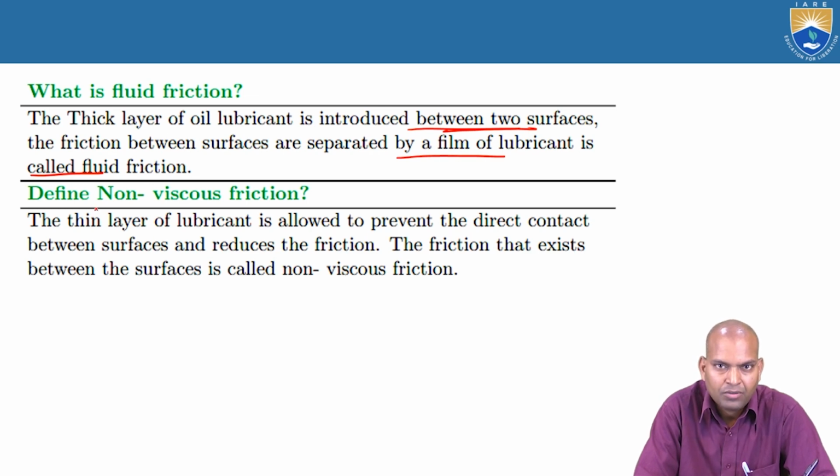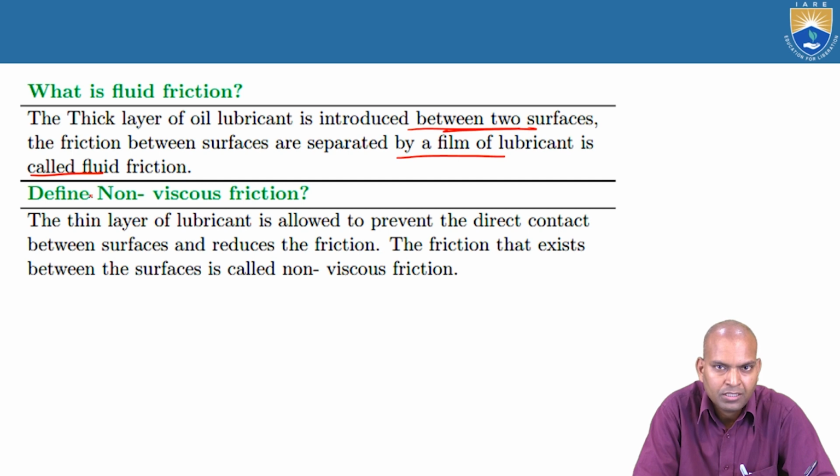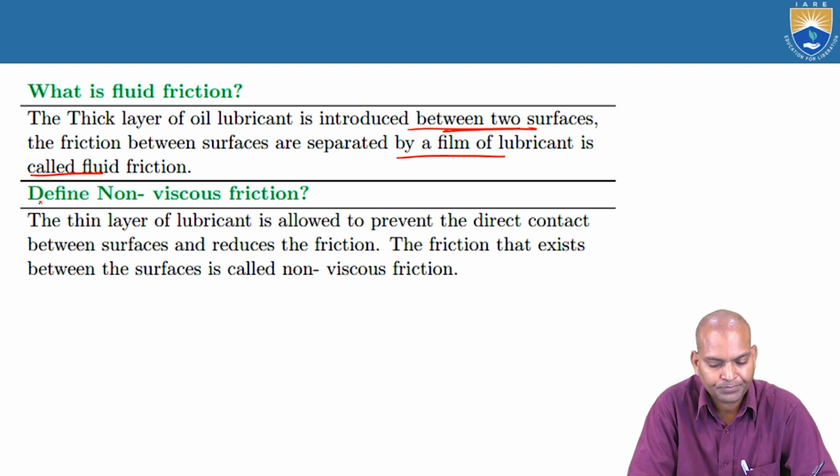To reduce the value of dry friction, we apply a thin layer of oil lubricant. Then the dry friction is converted to fluid friction, whose value is lower than that of dry friction.